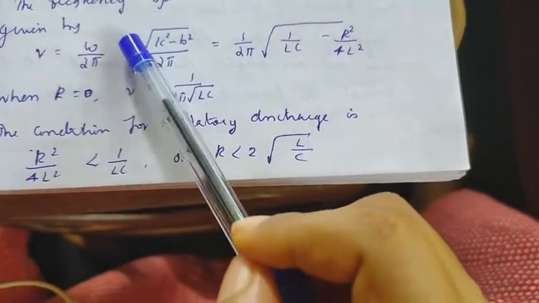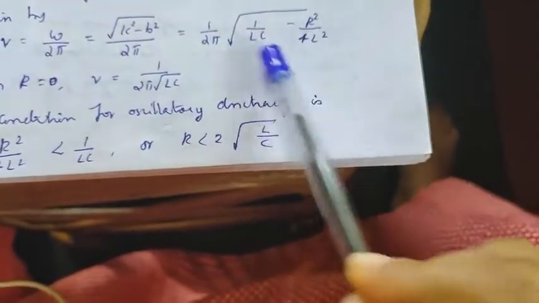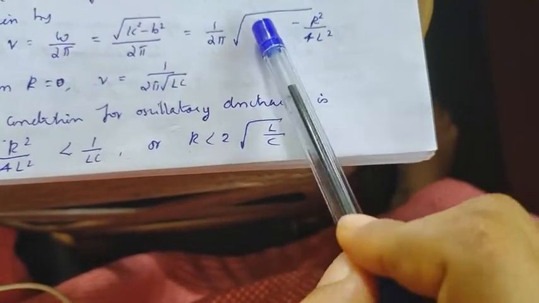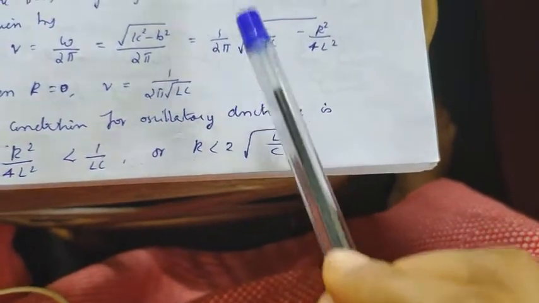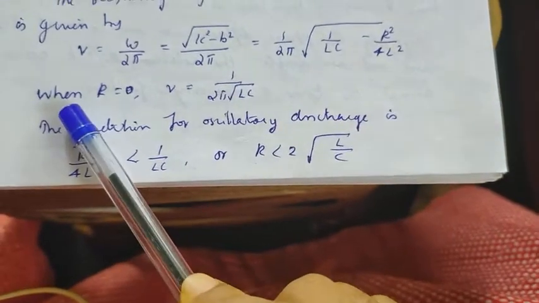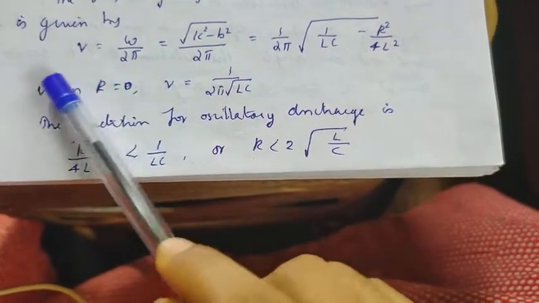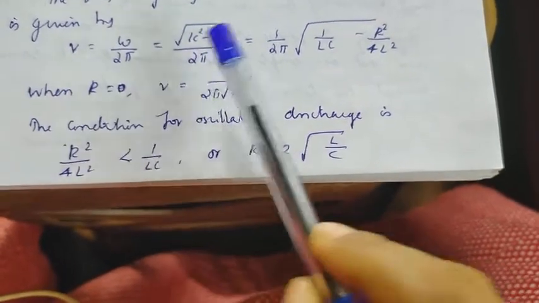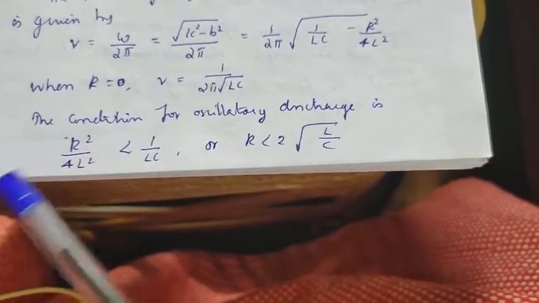So substituting the value of omega, square root of k square minus b square, by 2 pi, with these values of k and b, we get the frequency of oscillation as 1 by 2 pi square root of 1 by LC minus r square by 4l square. When r is equal to 0, if no resistance is connected in the circuit, the frequency will become 1 by 2 pi square root of LC. This is the case of an LC circuit.